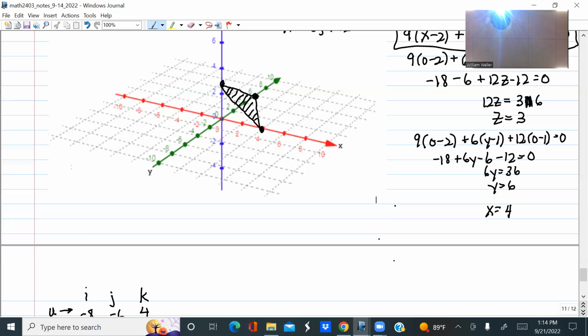So when you graph that, you're going to get a plane. All right. You just have to figure out, of course, what the plane is, but you know you're going to get a plane when you see a first degree equation in 3 unknowns.